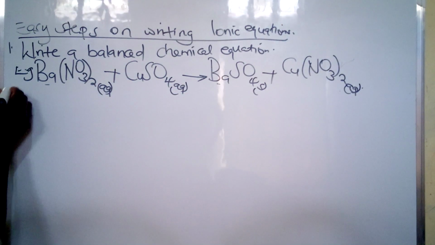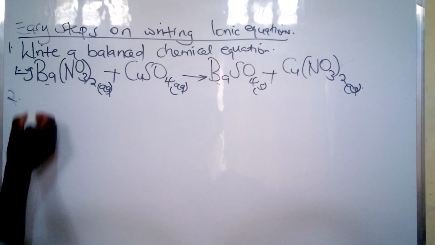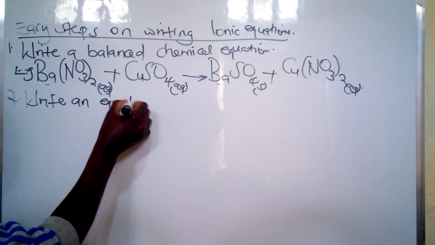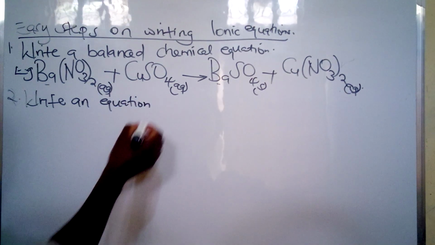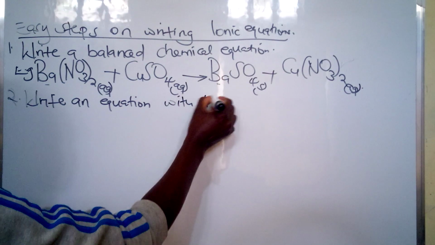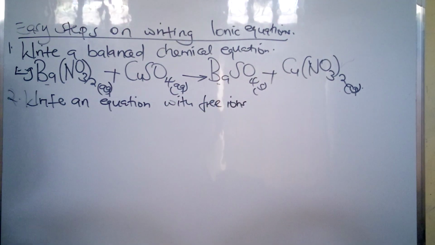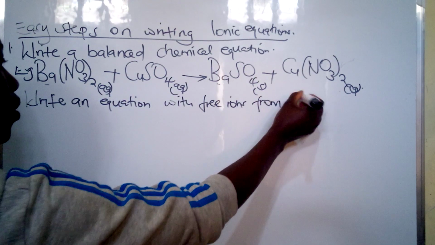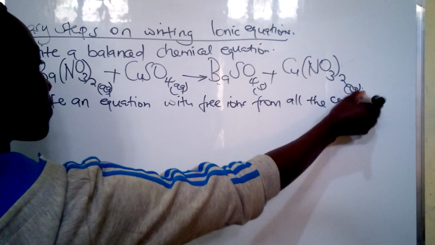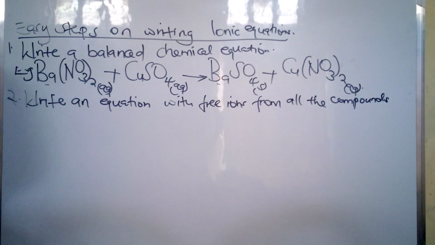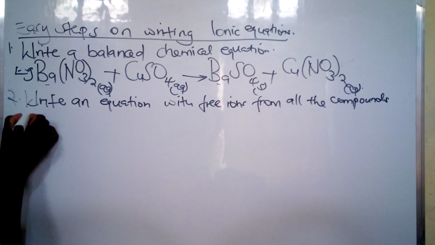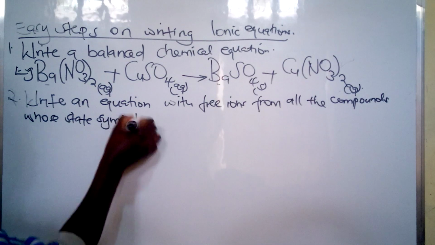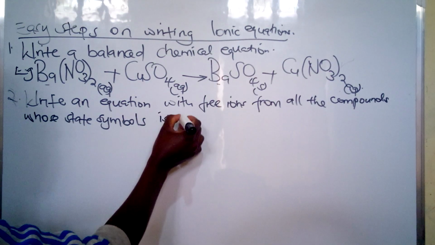The second step we have is to write an equation with free ions. Write an equation with free ions from all the compounds whose state symbol is aqueous.